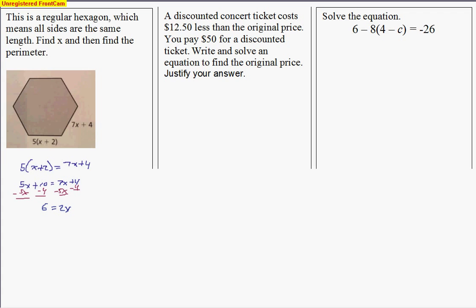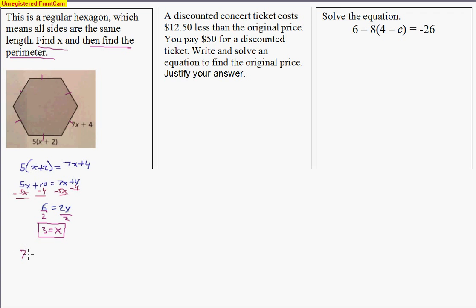I'll divide by that 2. And when I divide 2 into 6, that gives me 3. So I know x is 3, but that's just part of the problem because they say find x and then find the perimeter. Well, the perimeter is just one of the sides, since all sides are the same. Find out one of the sides and multiply it by 6 because there are 1, 2, 3, 4, 5, 6 sides in this hexagon.